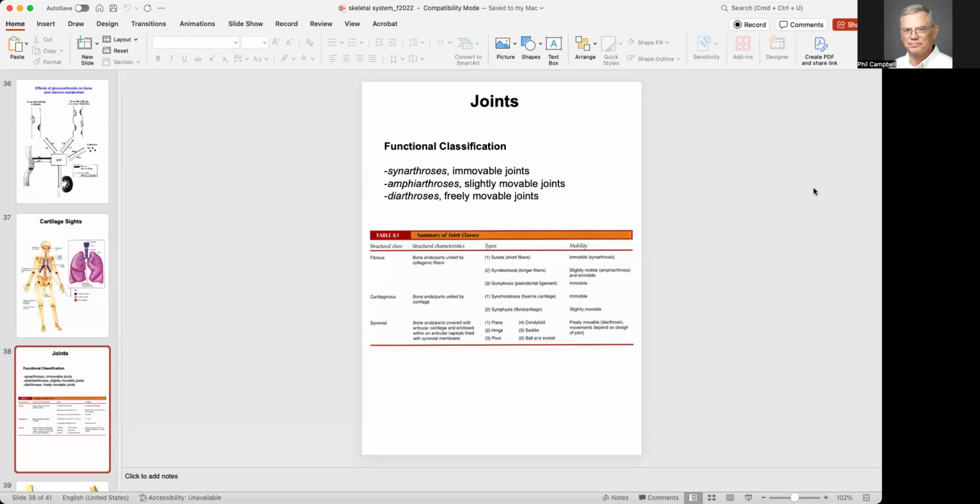Now, we are talking bones, so let's talk about joints. We can talk about three types of joints: synarthroses, which don't move, slightly movable joints, and freely movable joints, the diarthroses.